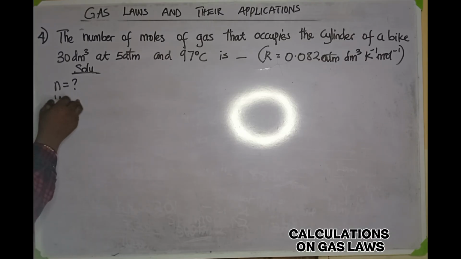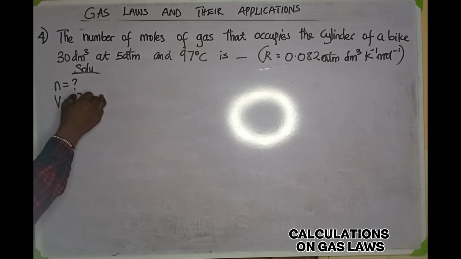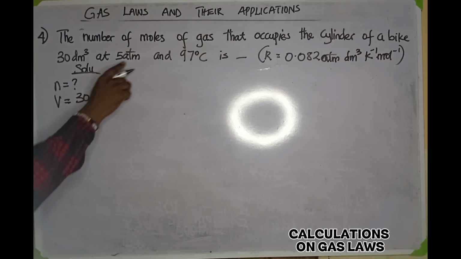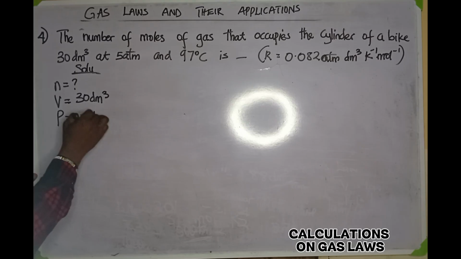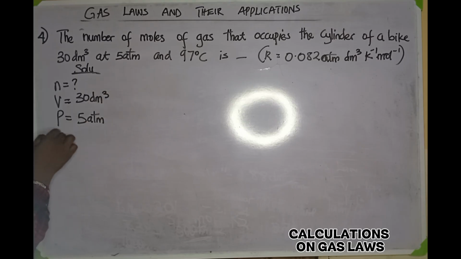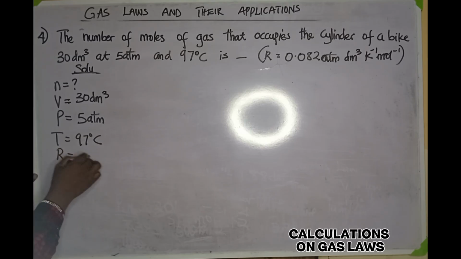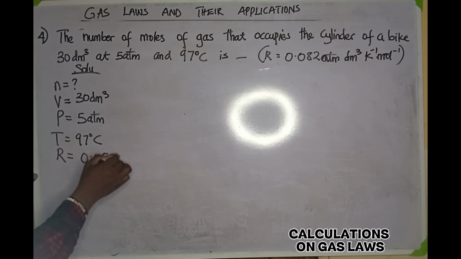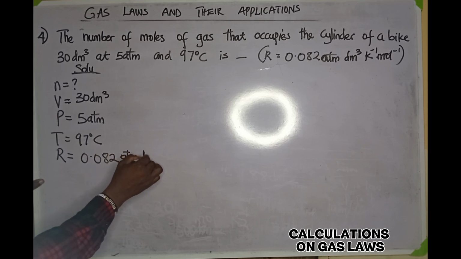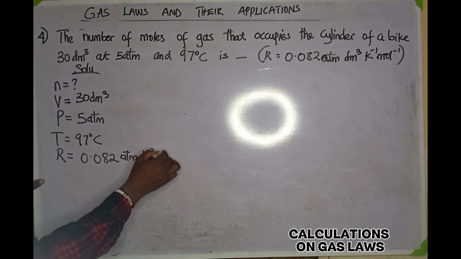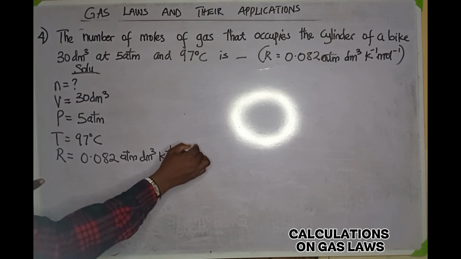So V is 30 dm cube at 5 atmosphere. So P is 5 atmosphere and T is 97 degrees Celsius, and they gave us the value of R, 0.082 atmosphere dm cube per Kelvin per mole.